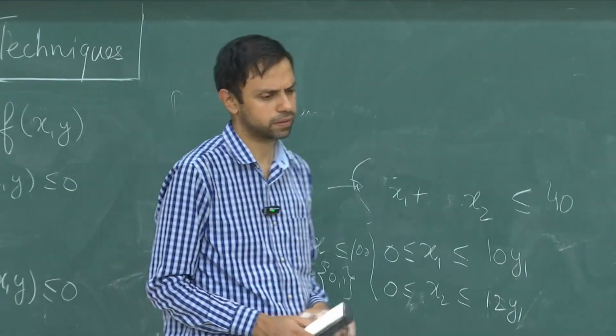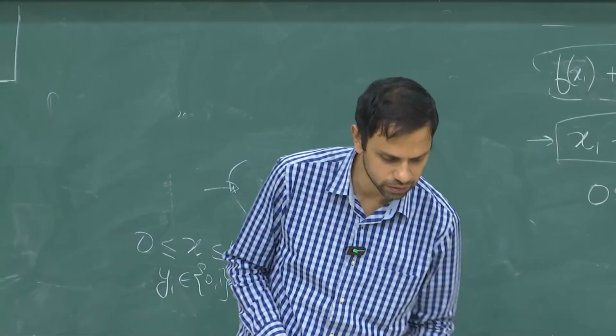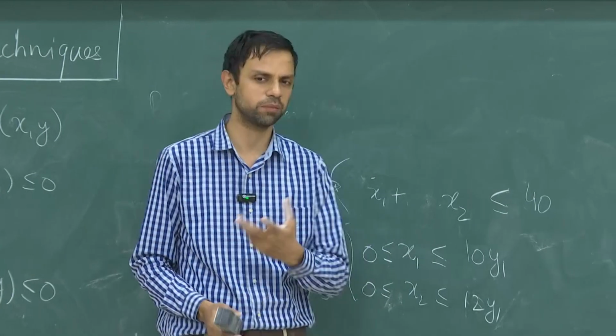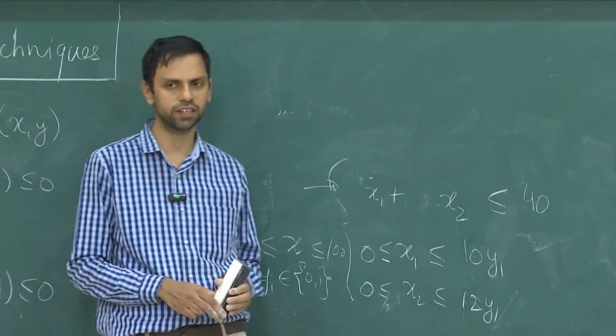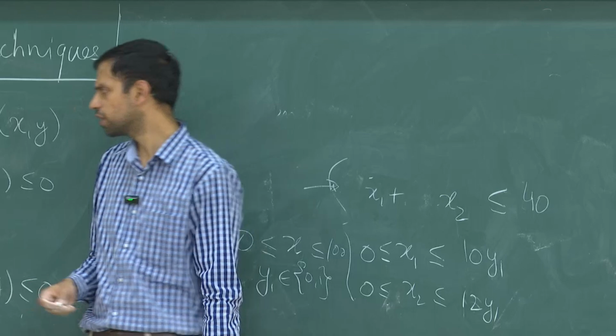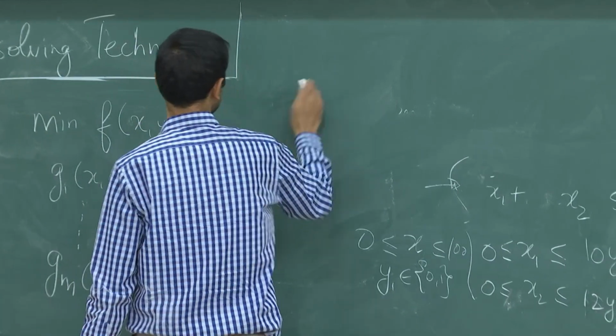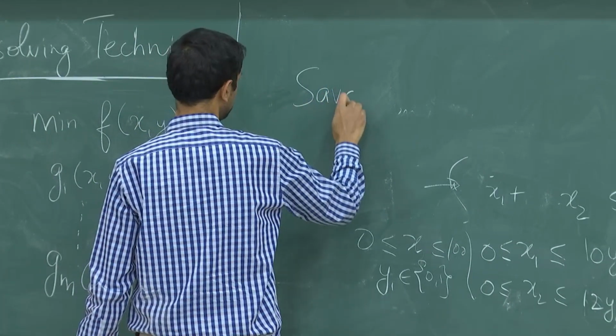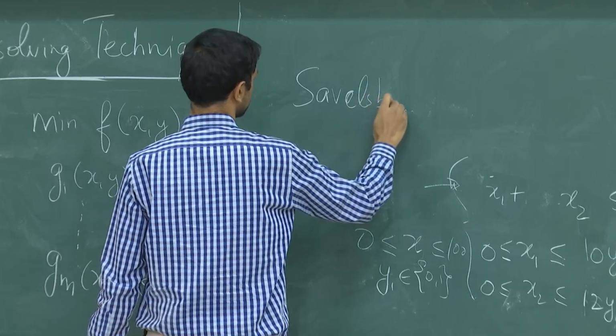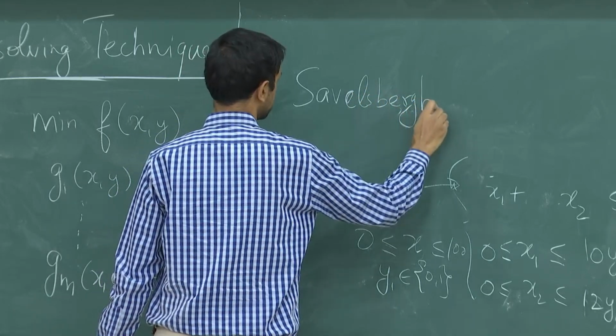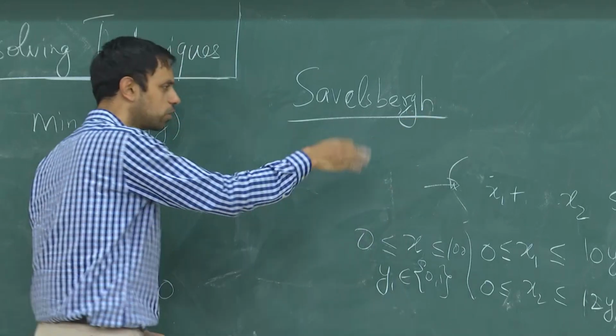These are some of the tricks which are quite standard and have been around for about 20-30 years. A good paper to read is by Savelsbergh in 1991, as a starting point for this bag of tricks.